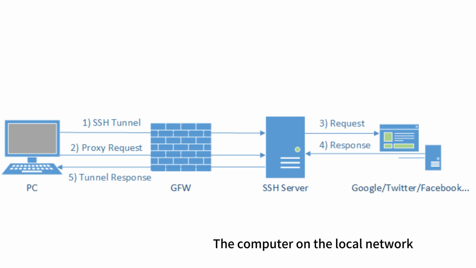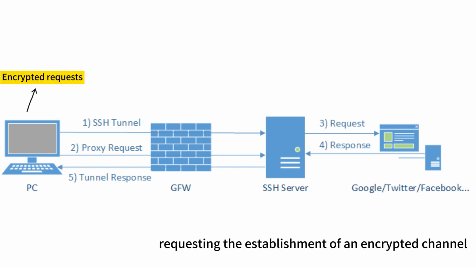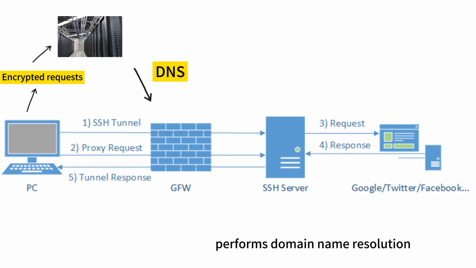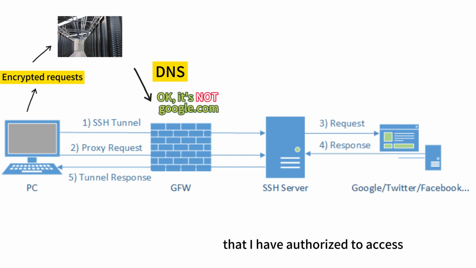The computer on the local network sends a data packet requesting the establishment of an encrypted channel. It connects to the backbone network, performs domain name resolution, and identifies that I want to access a foreign server that I have authorized to access, instead of Google or Facebook.